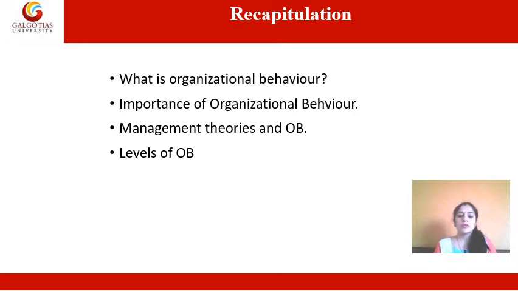After that, we have discussed there are various management theories and then how these theories are linking with the organizational behavior and how the field of organizational behavior emerged in the area of management. Then we have discussed levels of organizational behavior, that is individual level, group level and organizational level.